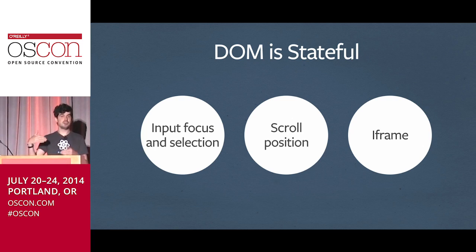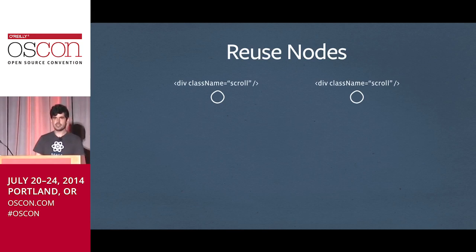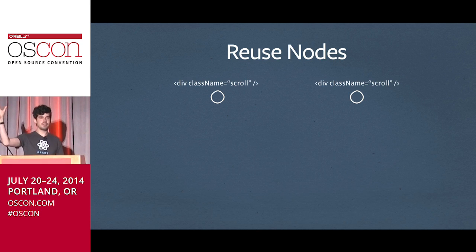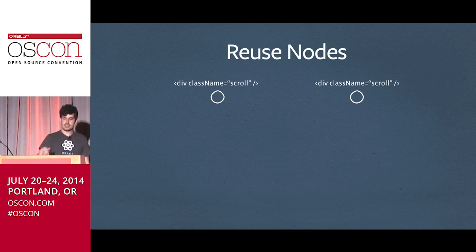So you cannot restore the state. The DOM is not only stateful, but it contains hidden state from the programmer. So the way to fix this issue is to try to reuse nodes. Instead of blowing up our div that scrolls, we're going to reuse it.